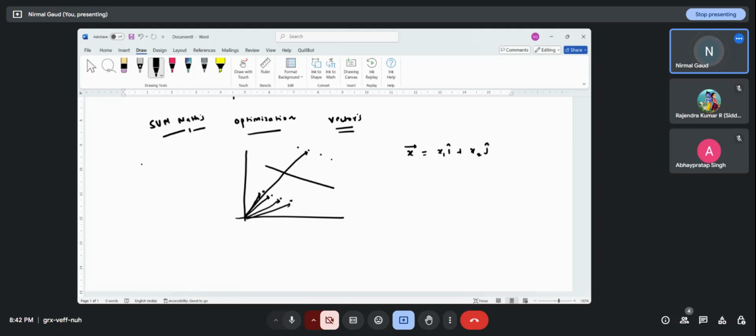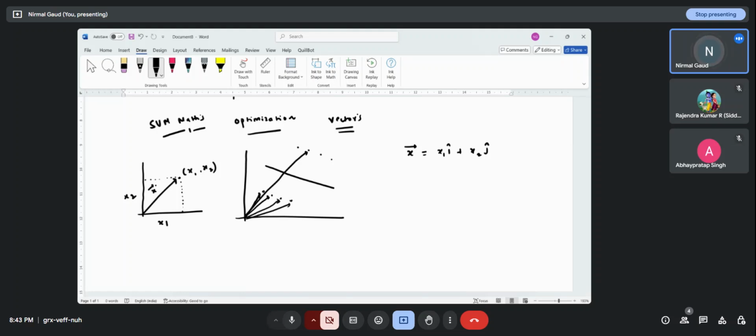Okay, so like this. Here is a point. I can mark like in this way. This is x1, this is x2. This is a point whose coordinate is x1, x2, and this is how you can make a vector. Let's call it x vector, a vector which is having magnitude and direction both.